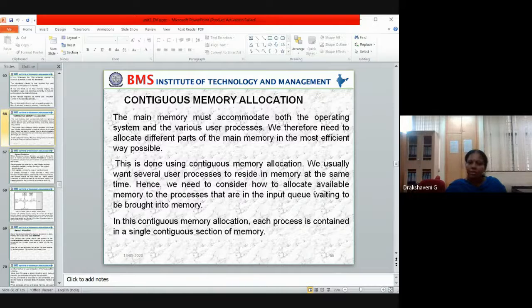The main memory must accommodate both the operating system and the various user processes. So not only the operating system and the program we have taken, but also how many users are there. Now we can see in a Google Meet how many of you are there online. That is what you have to accommodate.